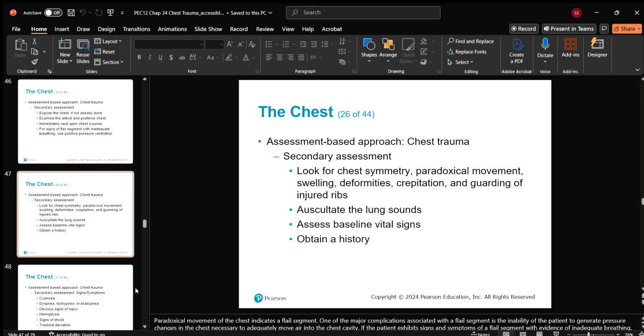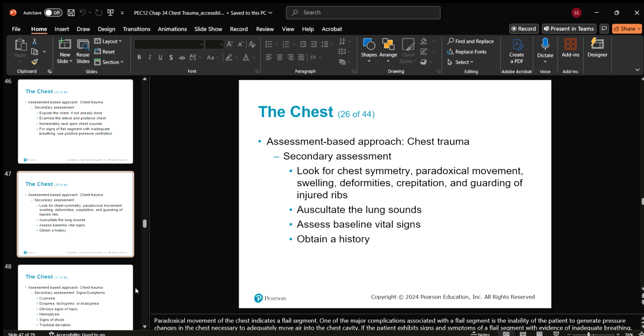All right, so again, DCAP-BTLS is deformities, looking for any type of deformities in the chest wall, crepitation, like I mentioned earlier, paradoxical motion or movement, like we see in a flail chest. And we're going to auscultate lung sounds, apex, apex, base, base. And it's also a good idea to go ahead and listen on their backs as well.